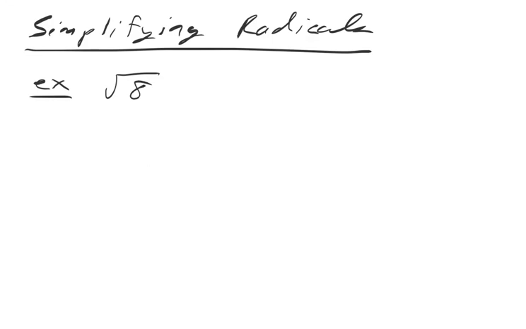But what I can do, you might agree with this, is break this up into 2 factors, square root of 4 and square root of 2, because 8 is 4 times 2. What's interesting is I can take the square root of 4 and just get 2.